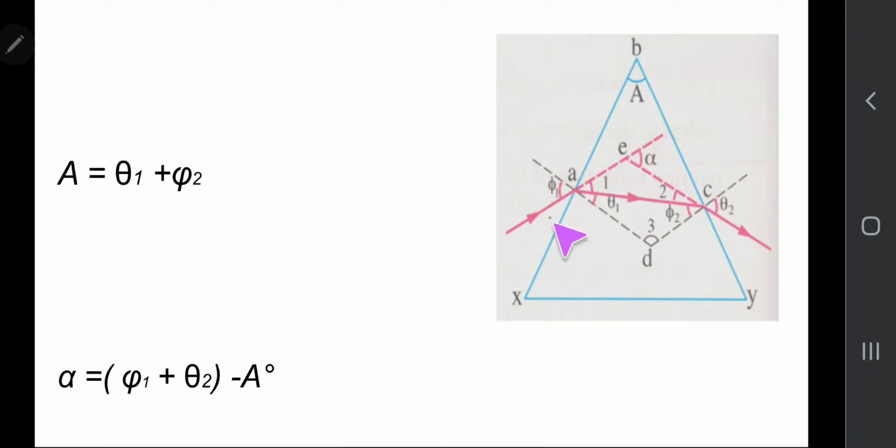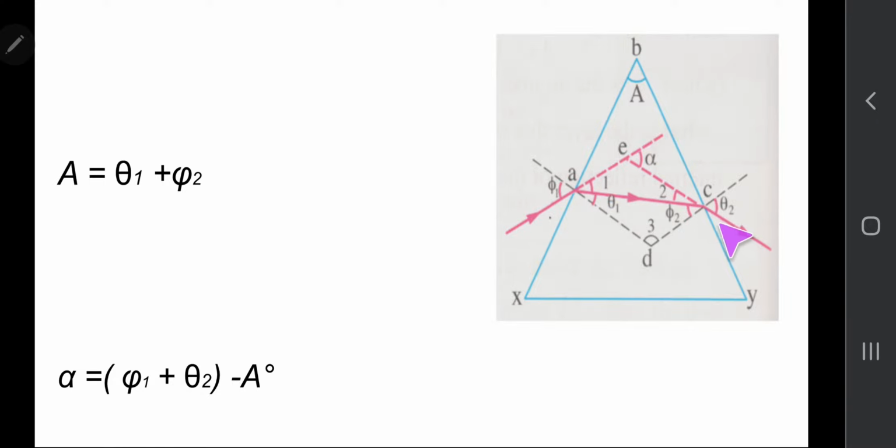Between the incident ray and the normal line on this face is phi 1, the angle of incidence, and between the refracted ray and the normal line is theta 1, the angle of refraction. This is the first angle of incidence and this is the first angle of refraction.